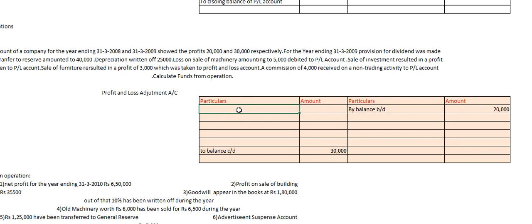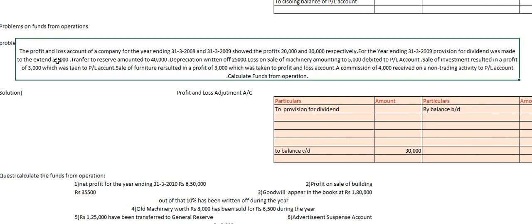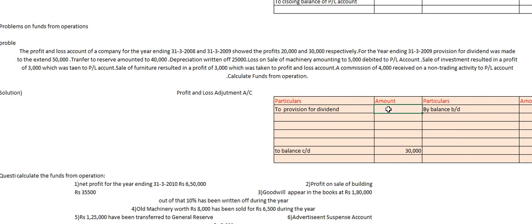Now we add back all the non-operating expenses. So what are your non-operating expenses? To provision for dividend, debit all the items. Provision for dividend is 50,000. Then to reserve fund, it is 40,000.